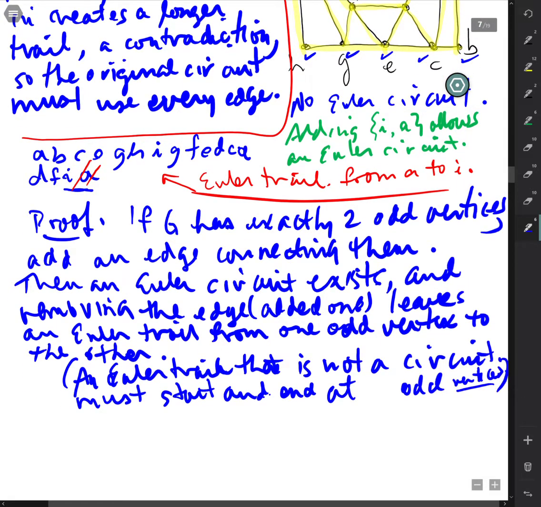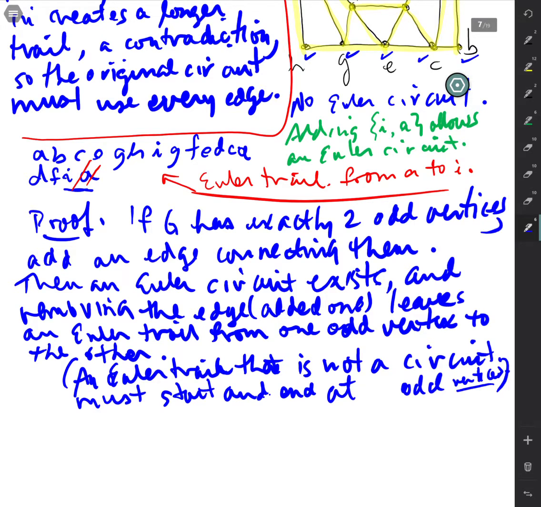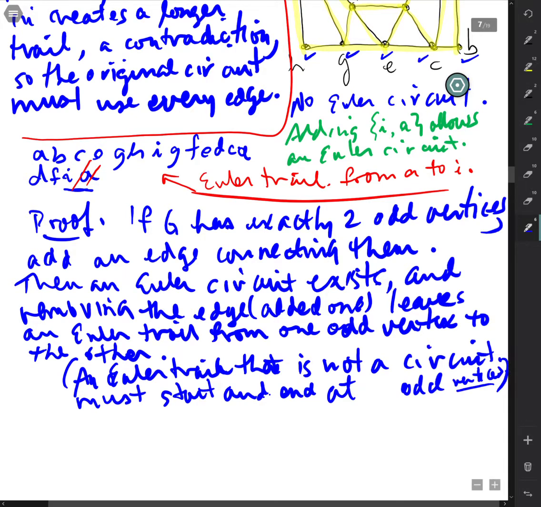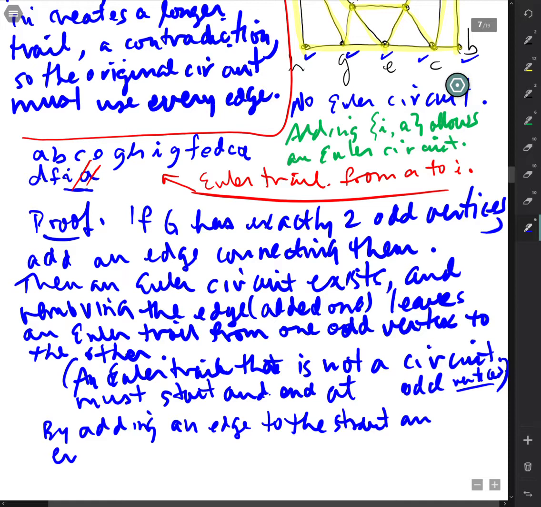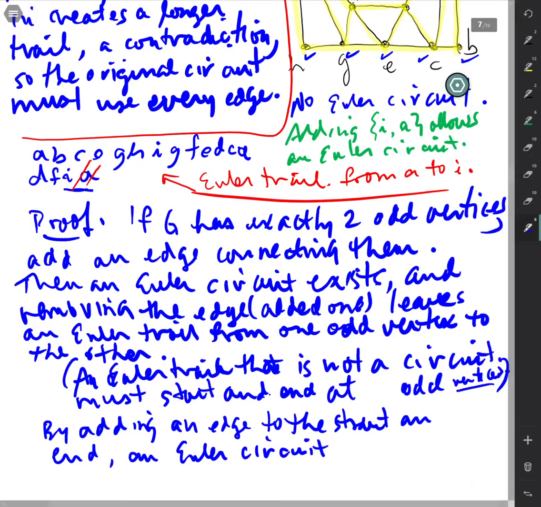So if you have an Euler Trail that is not an Euler circuit, then it starts at one vertex and ends at another. By adding an edge to the start and end, an Euler circuit results, just reversing what we did in the first case, the first direction.